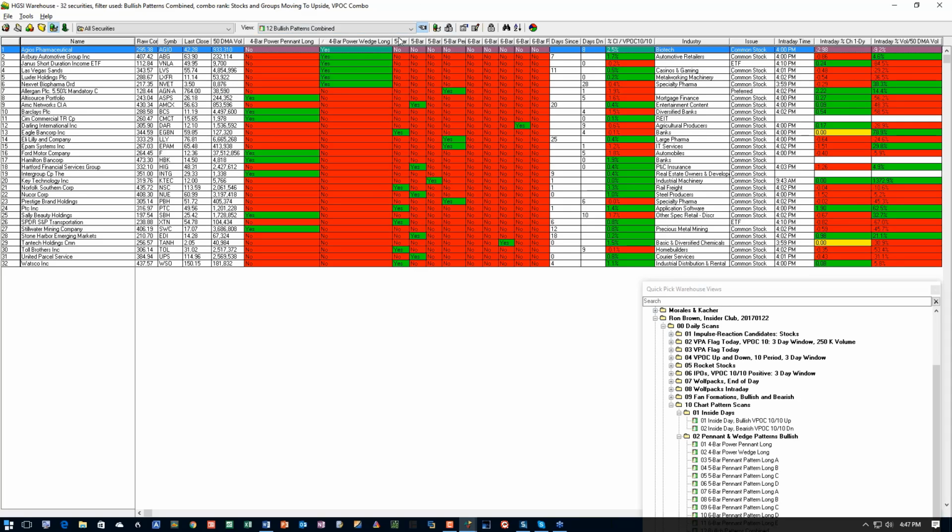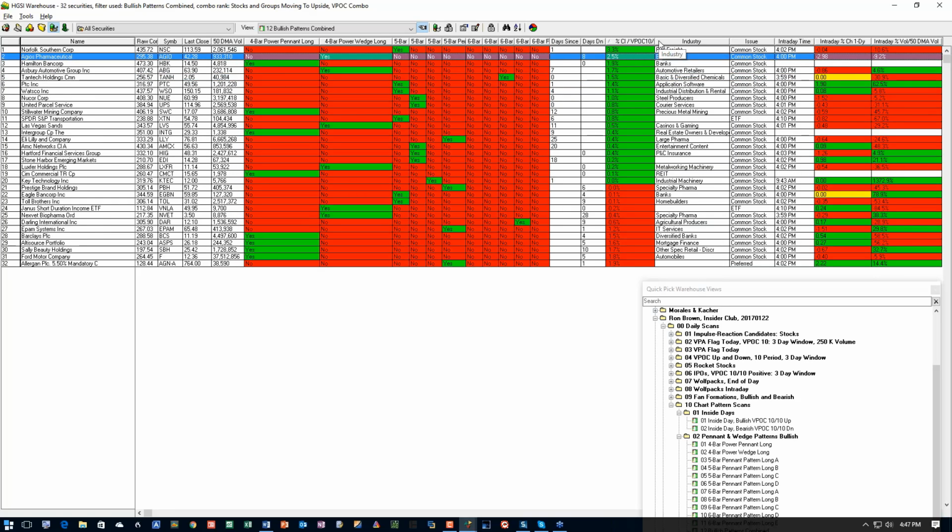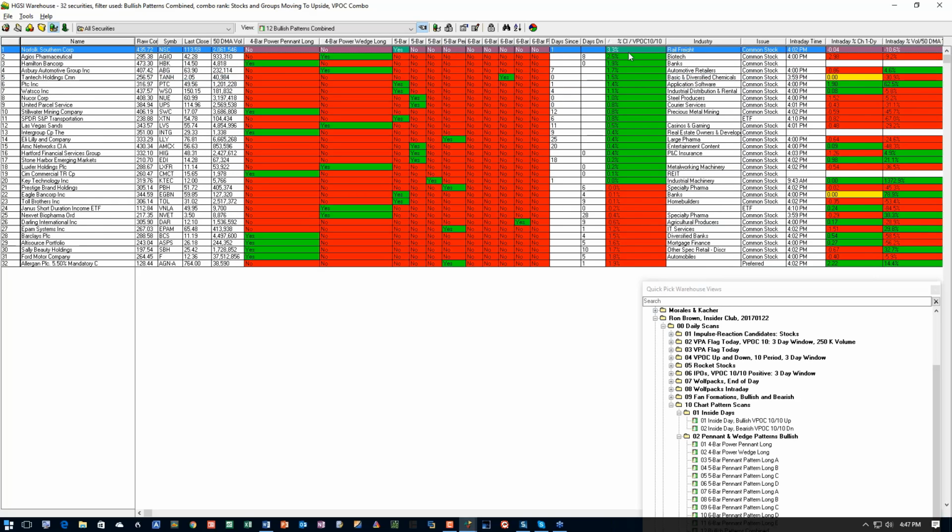These would be a 5-bar, and the reason I put this VPOC 1010 column in is I want to see if we're getting a long signal. I'd like to see the VPOC on the positive side. Now this is in a group that really has not been doing well, biotech, but let's just take a look at this one and see if it makes any sense.